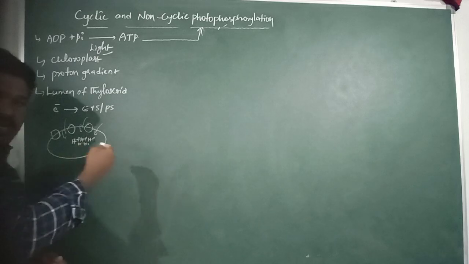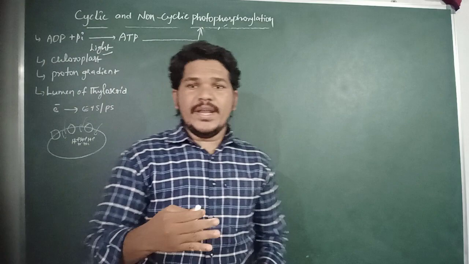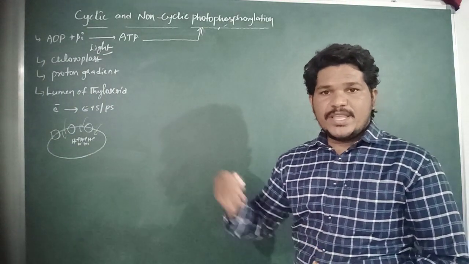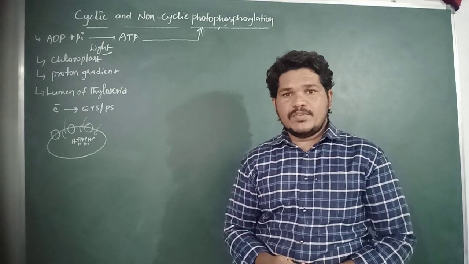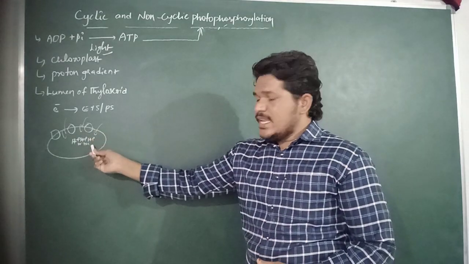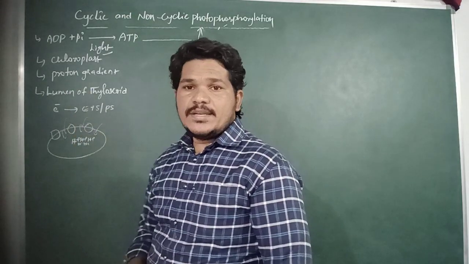The protons are also released from the water molecule when it is broken down into protons and electrons and releases oxygen by light, which is the photolysis of water. These protons are also highly accumulated in the lumen of thylakoid to create the proton gradient.